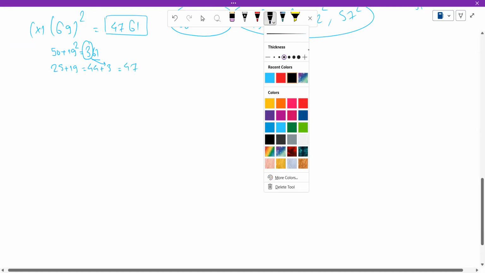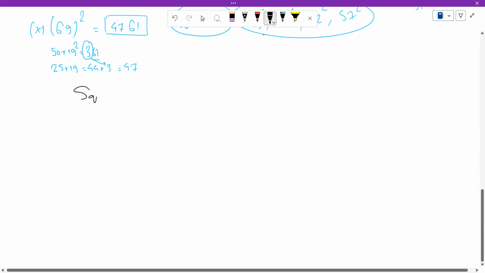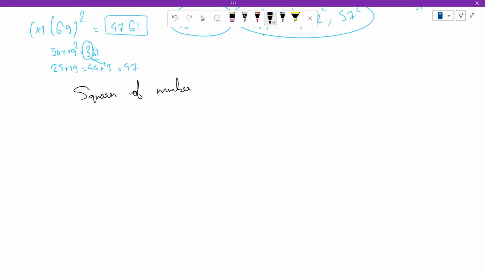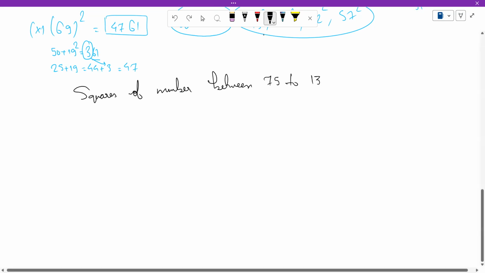Suppose we take the square of a number between 75 to, let's say, 120. You can take any number, up to 130. I'm taking 130 here. Why am I taking 130? I'll tell you.